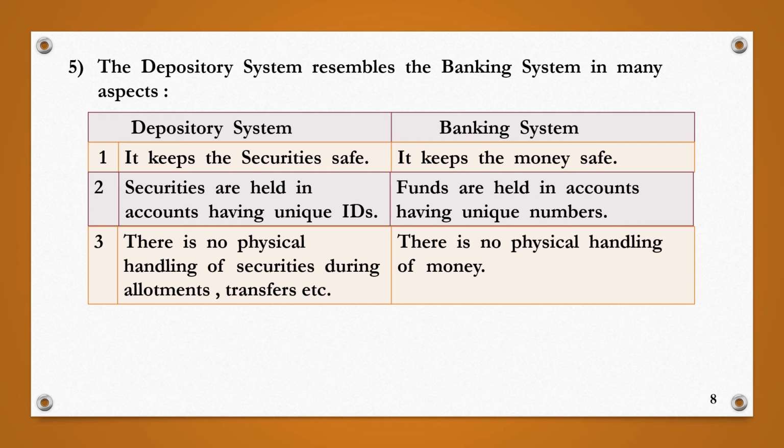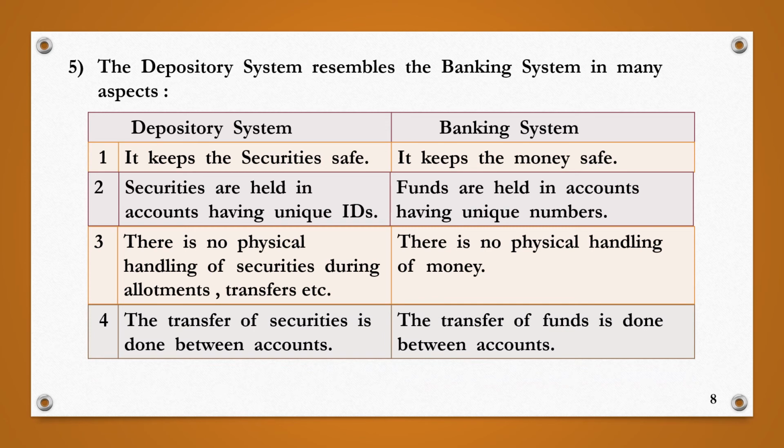Without physical handling, all the transactions are dealt with in the depository system. Now, in the banking system, the transfer of funds is done between the account holders. Funds can be transferred from the account of one person to another person's account. In a similar way, even in the depository system, the transfer of securities is done between the account holders.